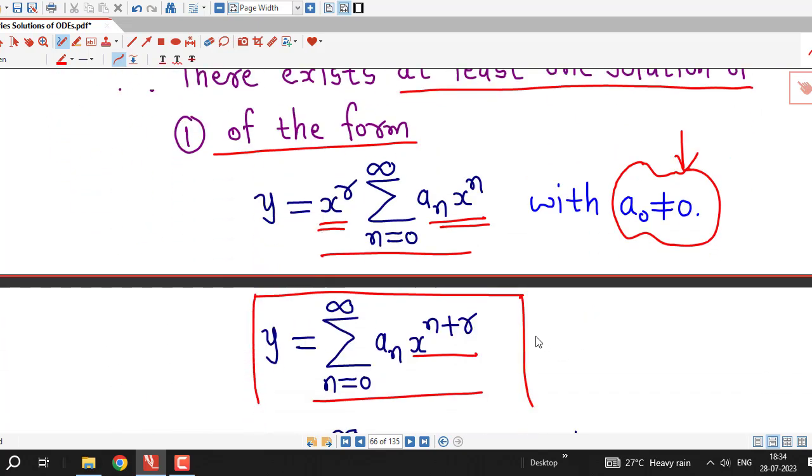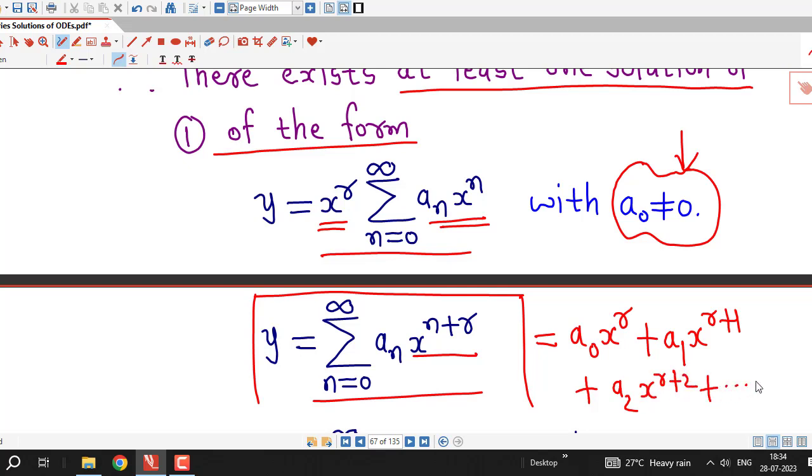For that we can rewrite this as: if I consider n = 0, I will have a₀ x^r. For n = 1, I have a₁ x^(r+1). For n = 2, I have a₂ x^(r+2), and so on.